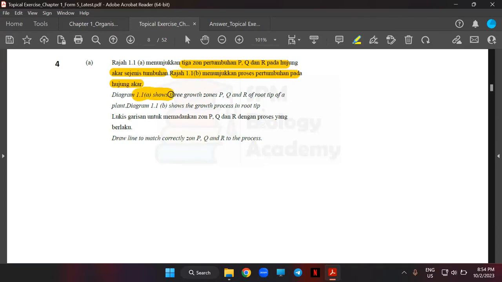Diagram 1.1A show 3 growth zone PQR of root tip of a plant. 1.1B show the growth process in root tip. So, soalan pertama, lukis garisan untuk memadankan zon PQR dengan proses yang berlaku. Draw line to match correctly zone PQR to the process.